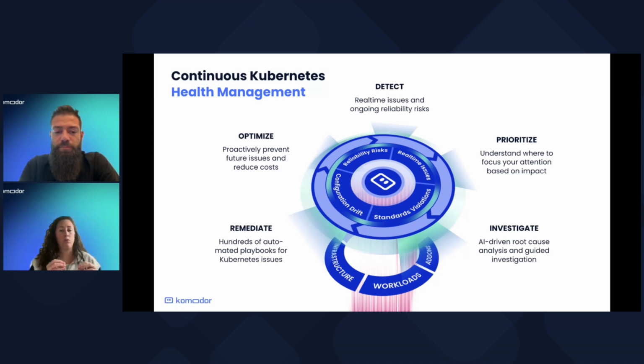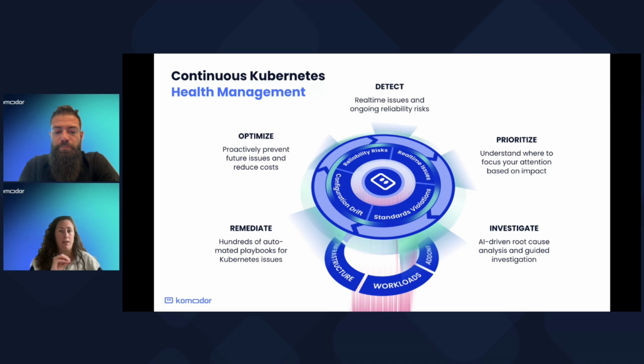For each one of those, we examine different types of issues. So we have reliability risks, real-time issues, configuration violations, and configuration drifts. And really, each one of them is a whole world.